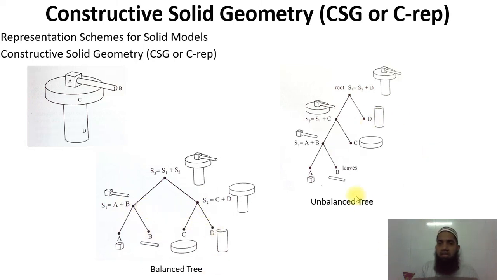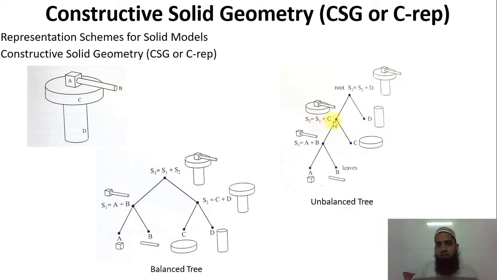What do you mean by an unbalanced tree? If both sides are not balanced, you can see here we have A and B, which form S1. After that, S1 and C form this one. After that we added D also.